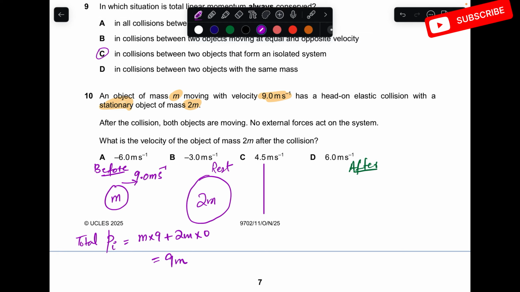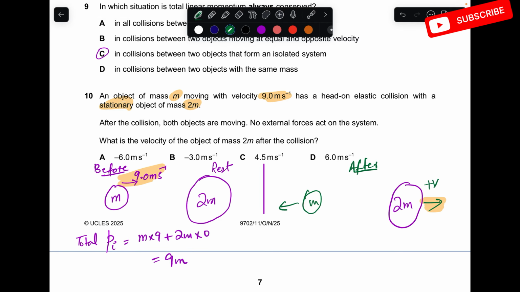If I make a scenario, this is 2m, this is m, because this m is colliding with the larger object, it will bounce back, and this will move there. As you see, this direction we have taken positive, so the 2m velocity will also be positive.